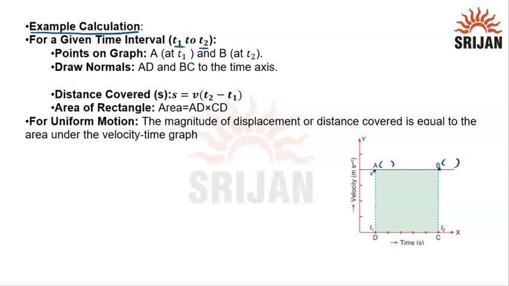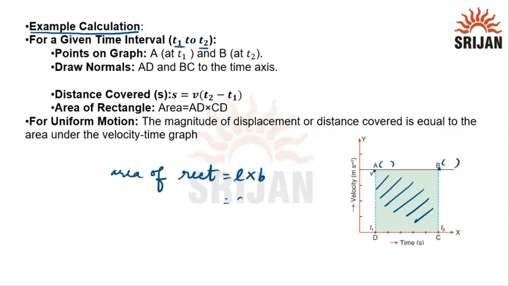If I want to calculate the distance, I need to calculate the area under this graph, which equals the area of this rectangle. The formula for the area of a rectangle is length into breadth, where the length is CD and the breadth is AD. So how do we calculate CD?